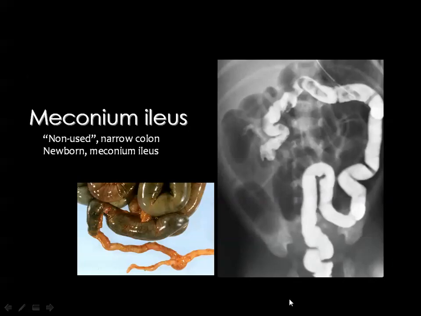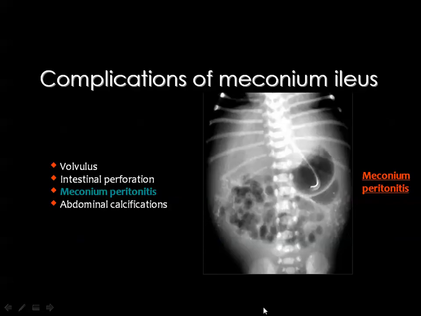And this is also another case of meconium ileus. The colon is small, and you see here multiple filling defects in the transverse and ascending colon, diagnostic of meconium ileus. And you look at the small bowel, which is distended by air.